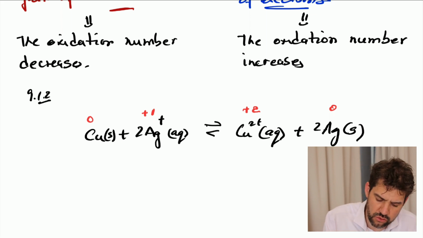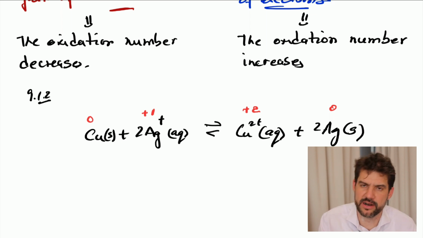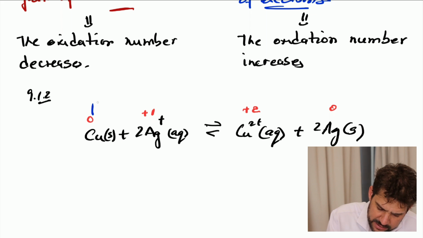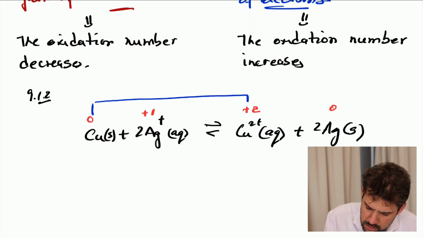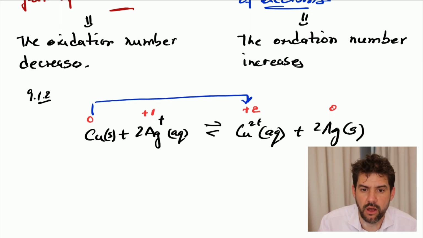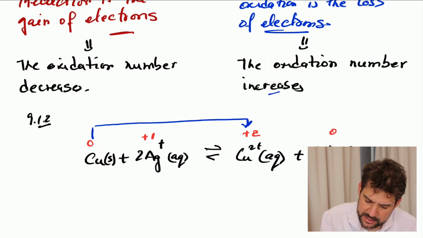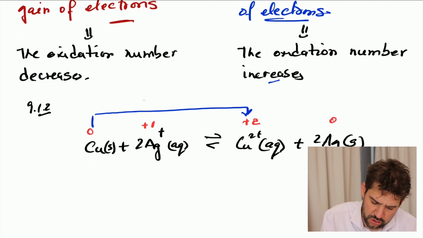Second, we are going to see what happened to each of the different pieces that form this equation. So copper, from reactants to product, there we go. What can you see? The oxidation number increase. Therefore, this one, look here, oxidation number increase, it is oxidation. So this one is oxidation.